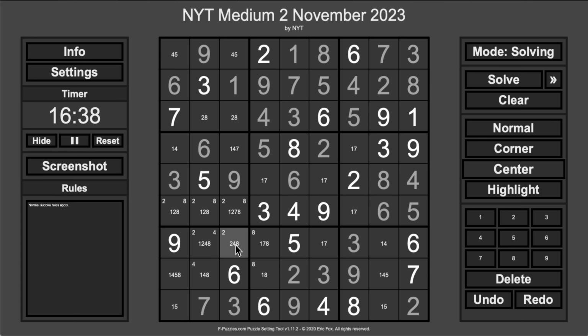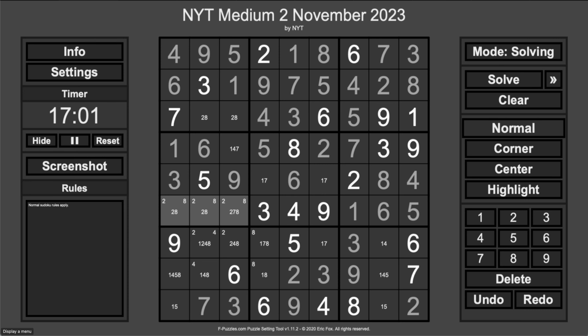Okay, so this can't be 5 because of that. This can't be 5 because of that. This can't be 5 because of that. This can't be 5 because of that. Okay, so that places that as a 5, and that should unwind the rest of the puzzle, I would think. 7, 1. These are 1.